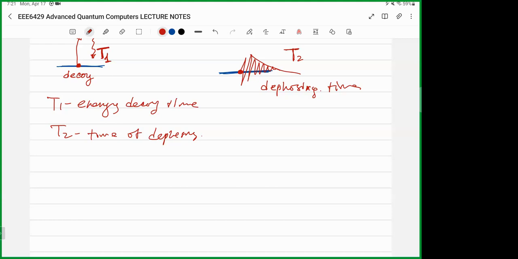And why is it so important? It's important because basically your quantum algorithm cannot run longer than the characteristic decay time, dephasing time of your circuit, right? So basically, a quantum computer is something that runs very quick, 100 millisecond, so it's much shorter than a second.